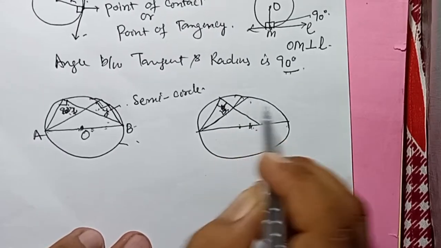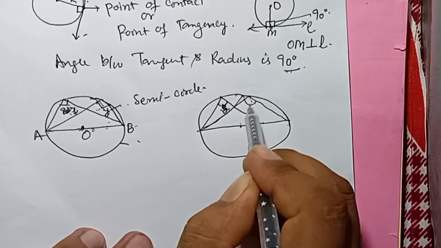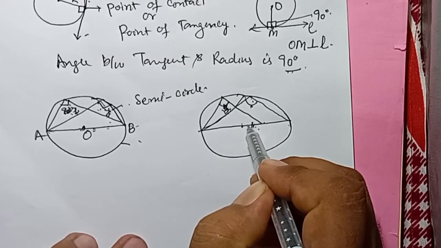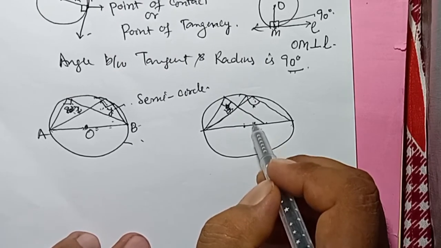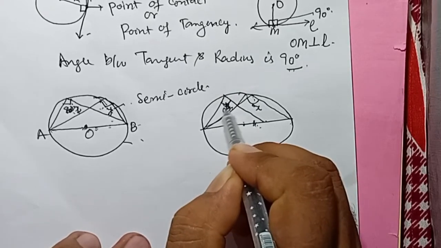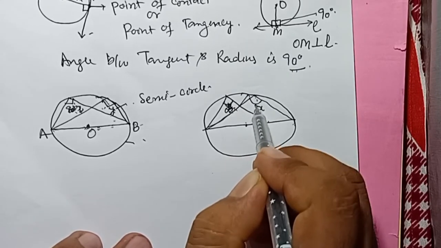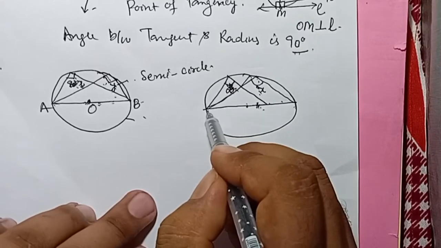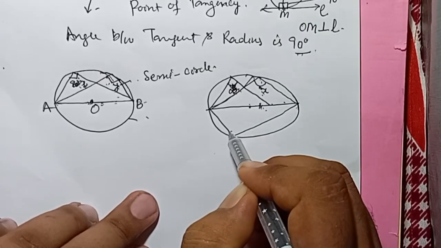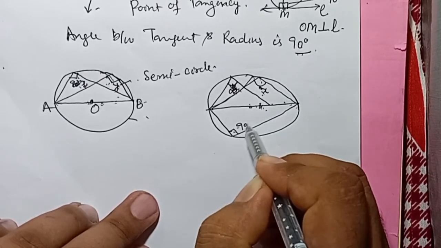If I draw the line and join it here, then this angle is opposite to the diameter. If I keep this as x and this as y, x is 90 degrees, and y is not 90 degrees. And similarly, if I draw an angle like this, for this angle the opposite side is the diameter, so this angle will be 90 degrees.